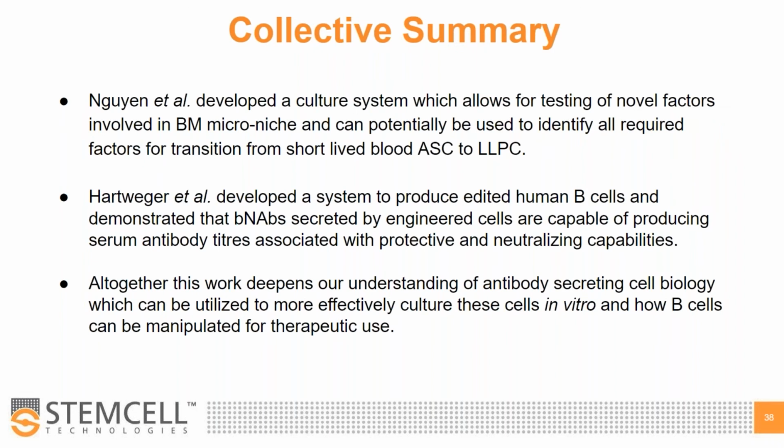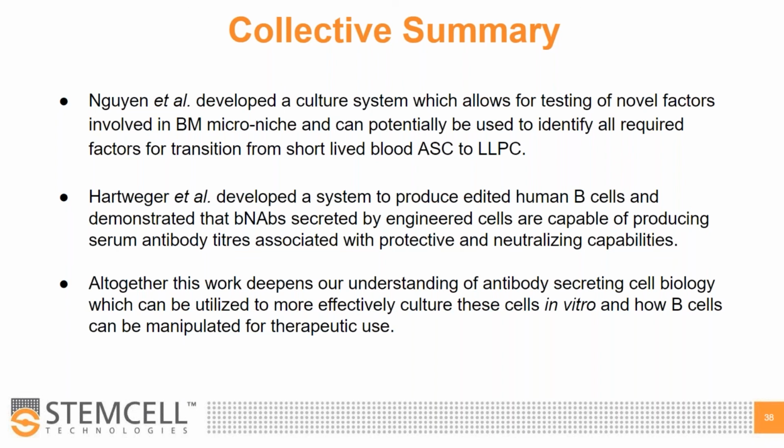And to collectively summarize the 2 papers, Wynn et al. developed a culture system which allows for testing of novel factors involved in the bone marrow niche, and can potentially be used to identify all required factors for the transition from short-lived blood antibody-secreting cells to long-lived plasma cells.